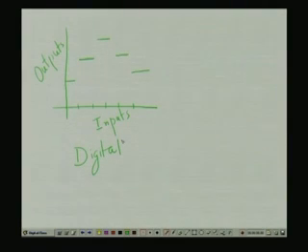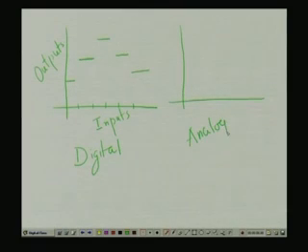Whereas how have we defined analog? Analog means we told that this is a system where the signal can take continuous values, that means an infinite set. Here it is a finite set, here it is an infinite set.